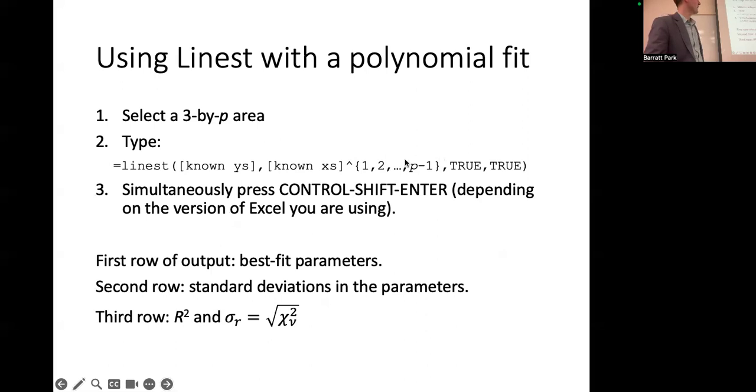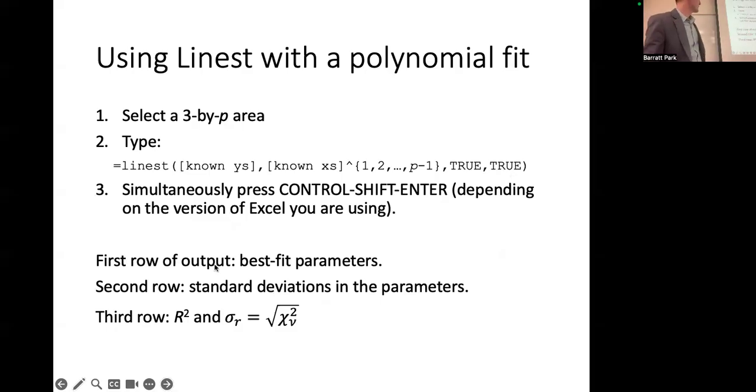These polynomial powers need to be put inside of curly brackets. And then it's going to ask you whether you want to calculate the y-intercept in the normal way, and you say yes, true. And then it's going to ask whether you want the output to include additional fit statistics, and you want to enter true.